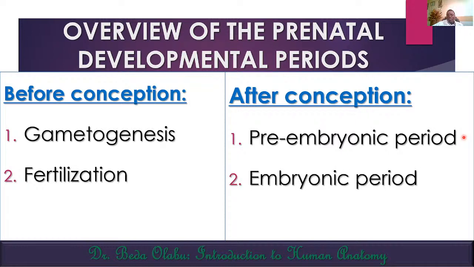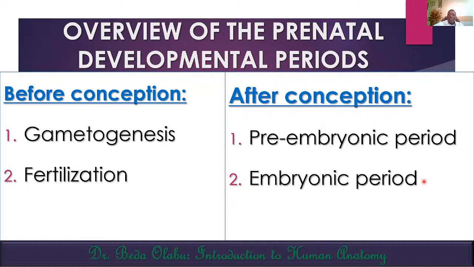The period from the 3rd to the 8th week after fertilization is known as the embryonic period of development. It is an important period because this is when the body organs actually form.